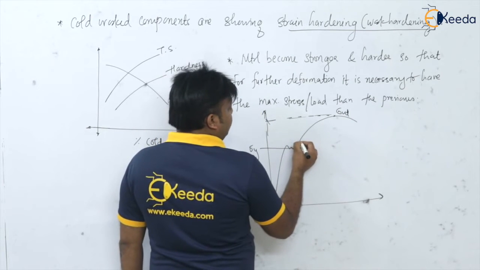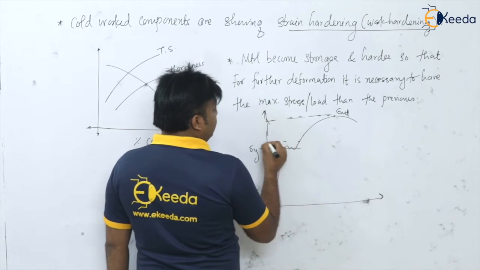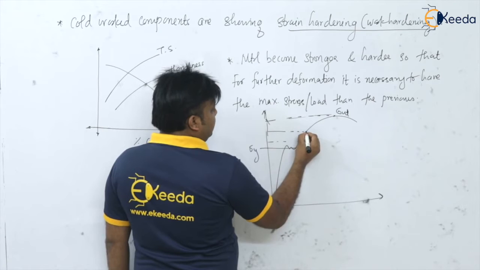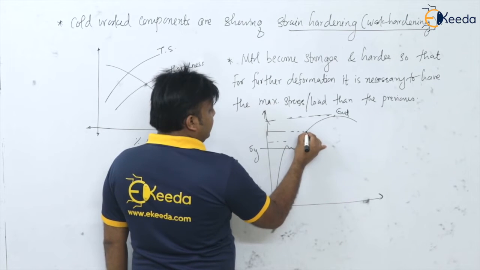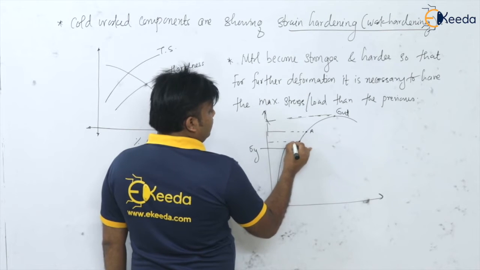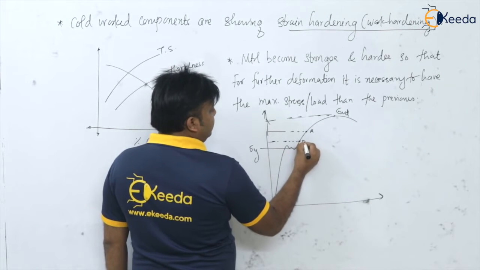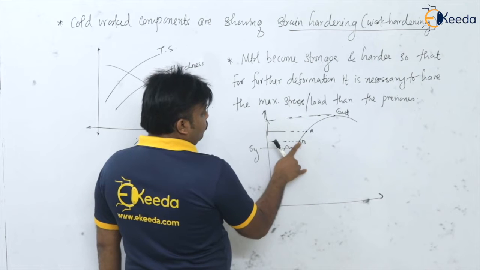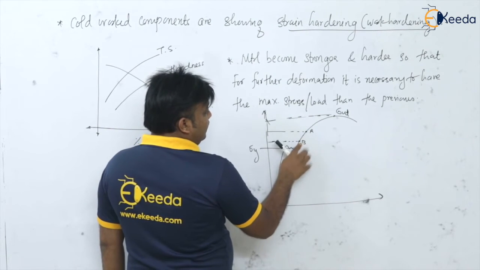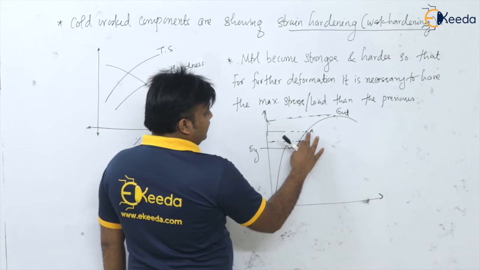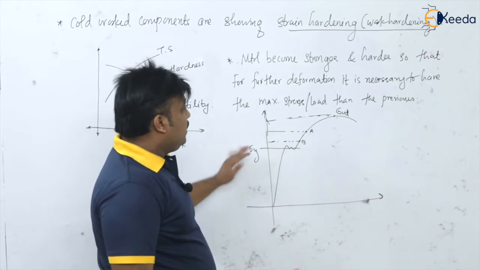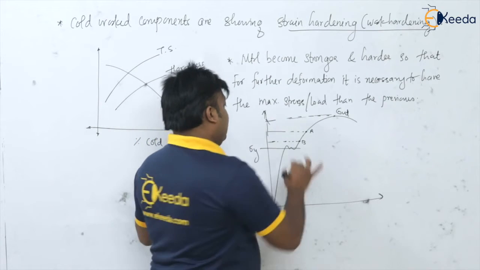So every point, if you look at the stress, if I take the stress as this value, the value of stress here at point say A and the value of the stress at point B. So of course, to get the deformation into the material, I need to supply more stress at point A than at point B. Okay, so this is our strain hardening region actually.